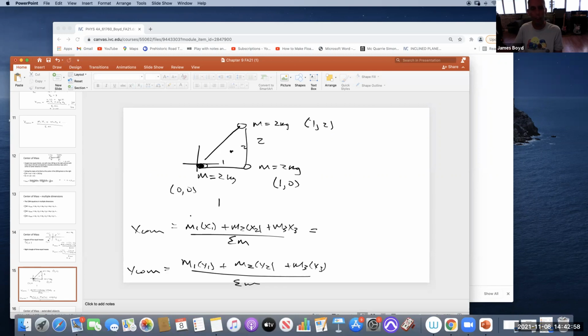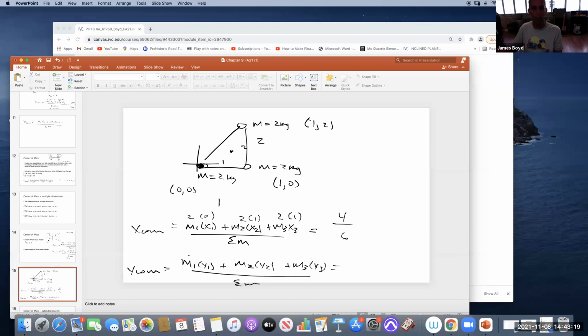Let's say this is 1, I get 2 times 0. The x coordinate is 0. Say this one is 2, the x coordinate is 1. Let's say this one is 2, the x coordinate is still 1. So this is 2 plus 2, this one's 0. So that is 4 over 2 plus 2 plus 2. Sum of the masses is 6.